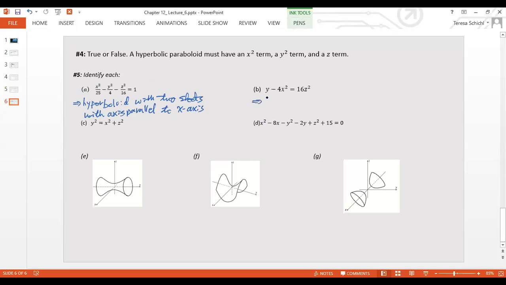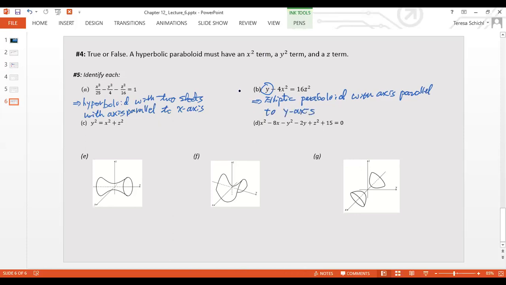Because y is the one without the square, and compared to the formulas here, the axis is parallel to the y-axis here, right?